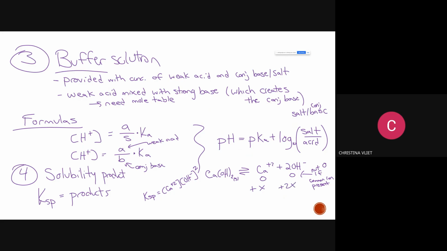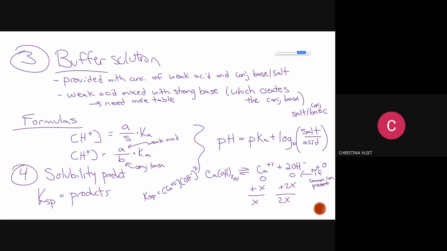Then you plug the values into your Ksp formula to solve. And it gives you an equation, and you either have to solve for X, which is solubility, or you have to solve for Ksp. So the only two things you'll be asked for here is either solubility or Ksp.